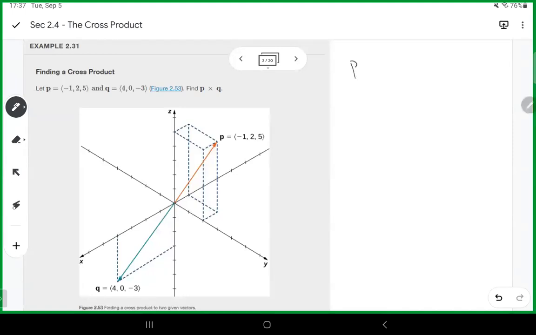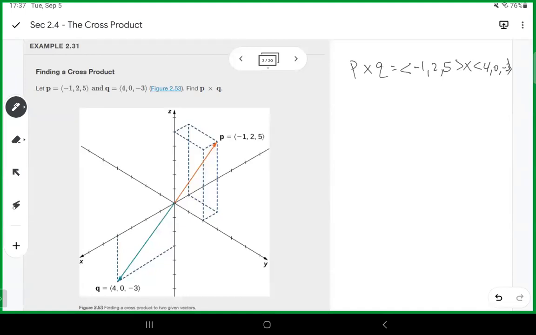So P cross Q. Okay, so we're given P is -1, 2, 5, and we're going to cross that with Q, which is 4, 0, -3. Apologies for how squeezed it is there.